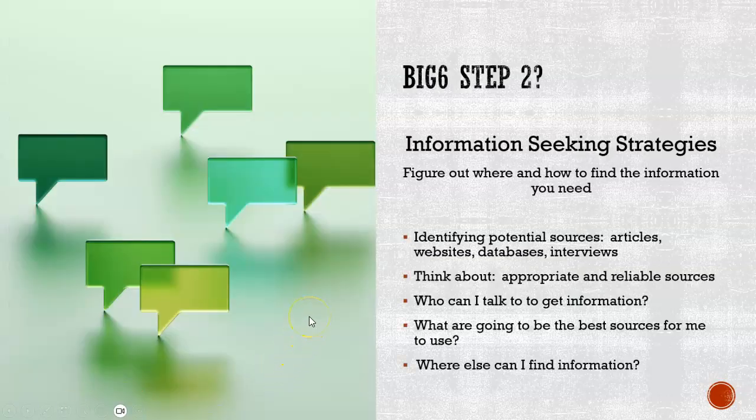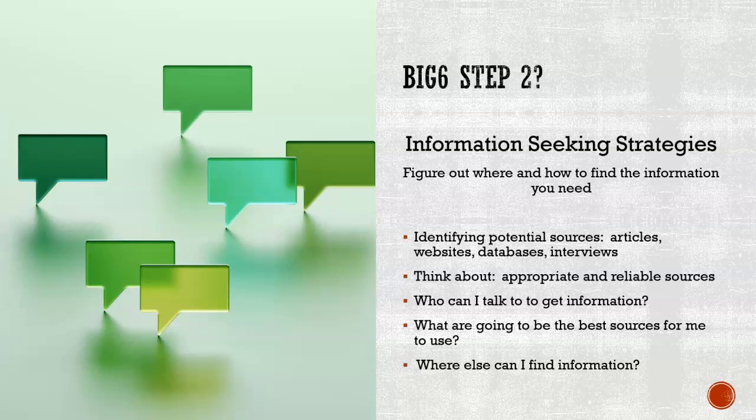The second step is the information seeking strategy step. This is where you're going to figure out where and how to find the information you need. So you're going to identify potential sources such as articles, websites, databases, interviews, books. And when you do this, you also need to think about which sources are appropriate and reliable, because you don't want to use something that is not reliable.